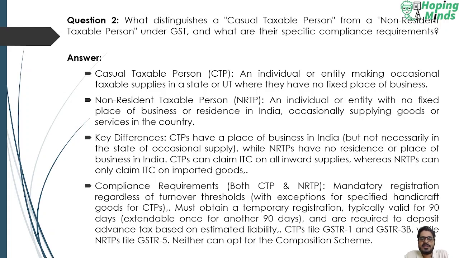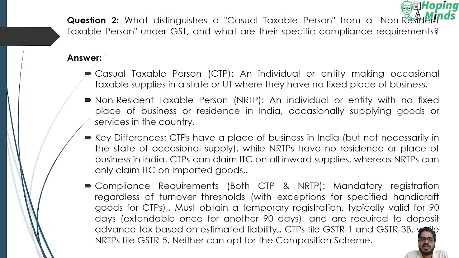So the key differences: casual taxable persons have a place of business in India but not necessarily in the state of occasional supply, while non-resident taxable persons have no residence or place of business in India. Casual taxable person can claim input tax credit on all inward supplies, whereas non-resident taxable person can only claim input tax credit on imported goods. So these are the key differences between a casual taxable person and a non-resident taxable person.